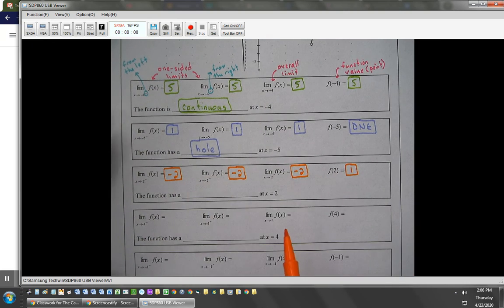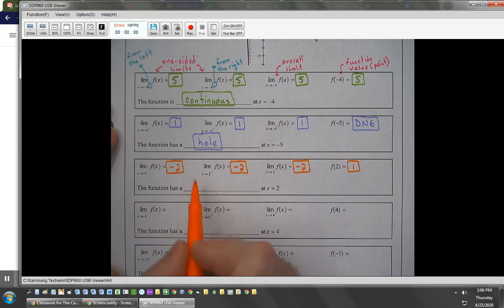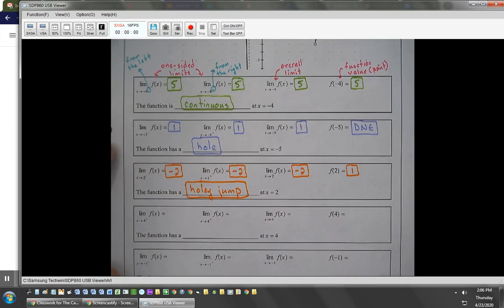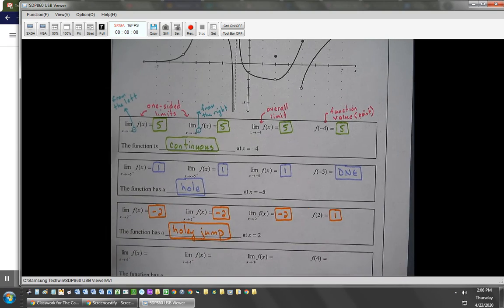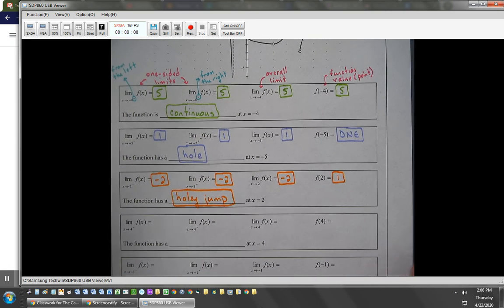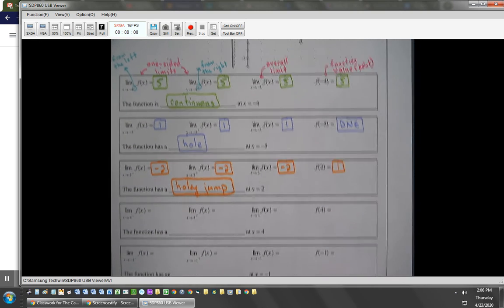I've never heard the actual name of this. I call it a holy jump. It's got a hole and it's got a jump. I'm going to talk more about a jump in the next example, but no other teachers would know what I'm talking about when I call it a holy jump, but that's what we're going to call it in this class.